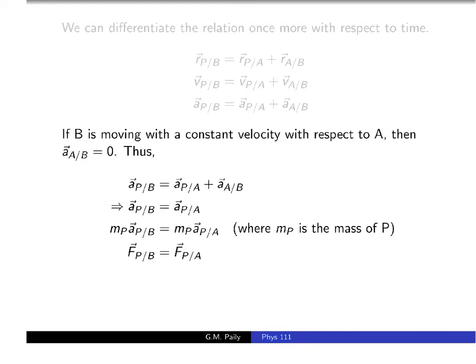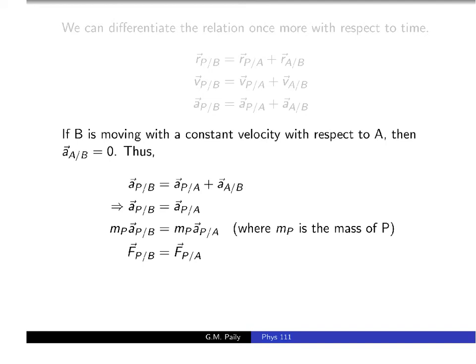And so what we are saying is that the net force on P as observed by B is the same as the net force on P as observed by A. In other words, the two observers, though they may disagree on the position of P and they may disagree on the velocity of P, they will agree on the acceleration that P has and on the forces acting on P.